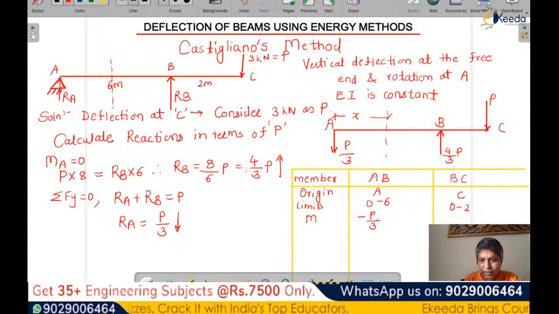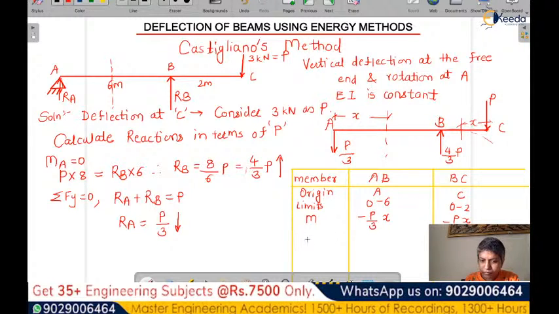Minus P by 3 into X is going in an anti-clockwise direction. And for the BC part, it will be P into X, so our answer will be minus P into X. Here also it is actually a hogging shape, so that is also a minus.